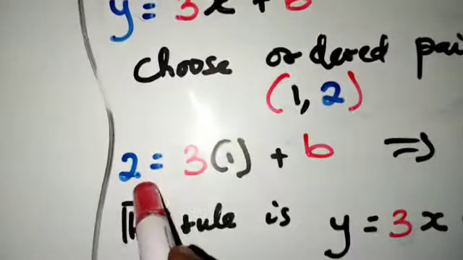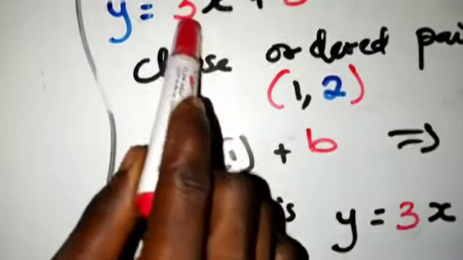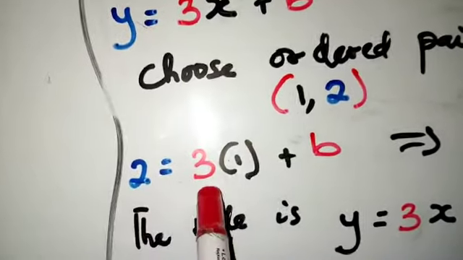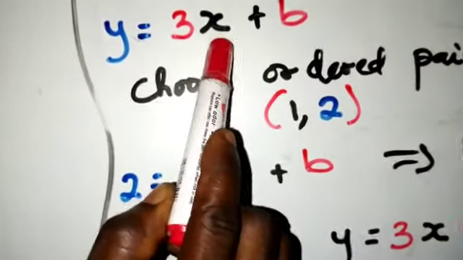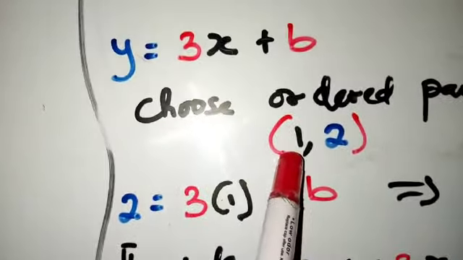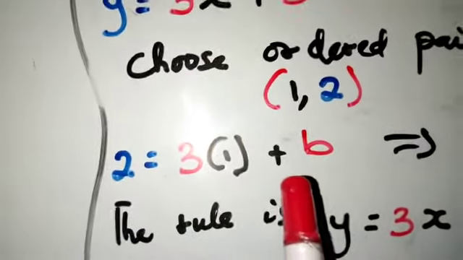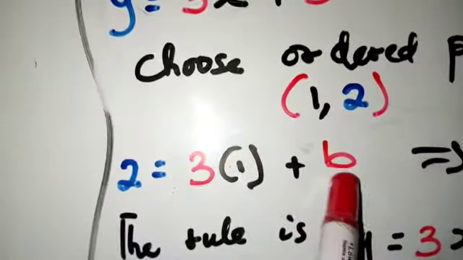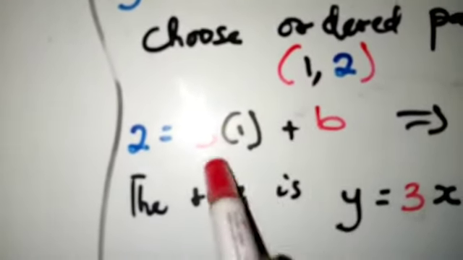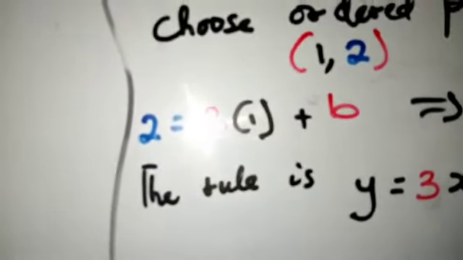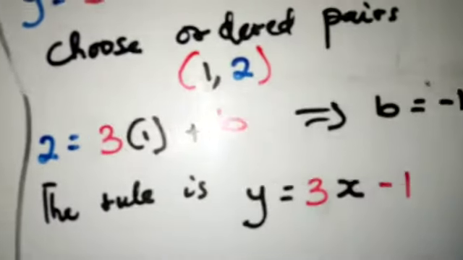So y is 2, and then you know that the a here, this 3, is a, right? So 3 multiplied by x, and the x is 1, the lady over here. So 2 is equal to 3 multiplied by 1 plus b. Because we don't know b, we are solving for b. When you solve this, b will be equal to minus 1.